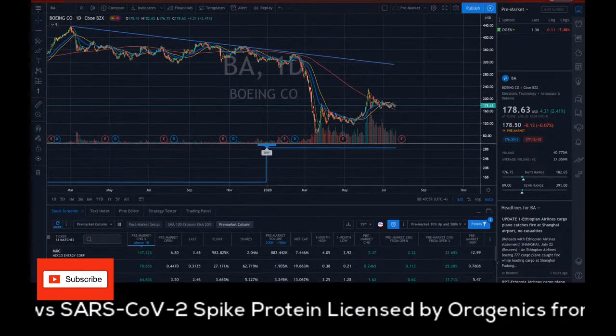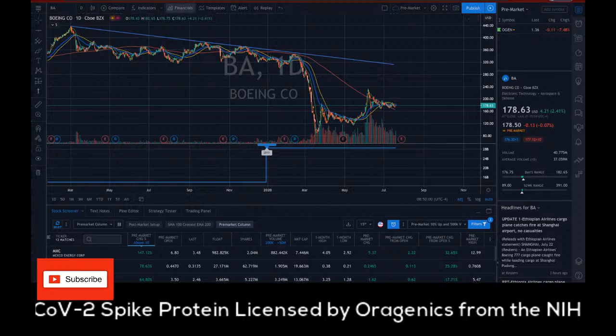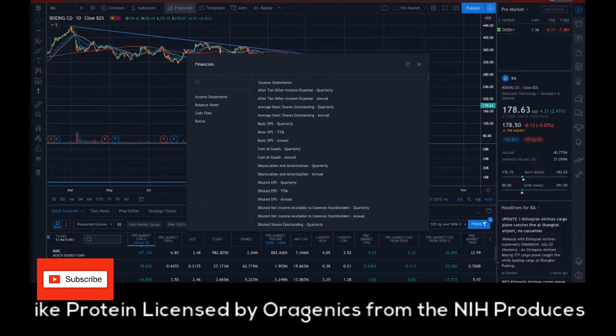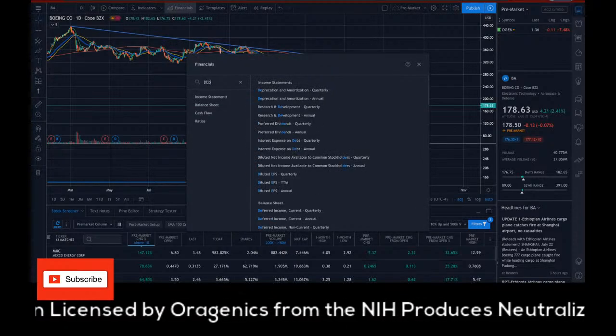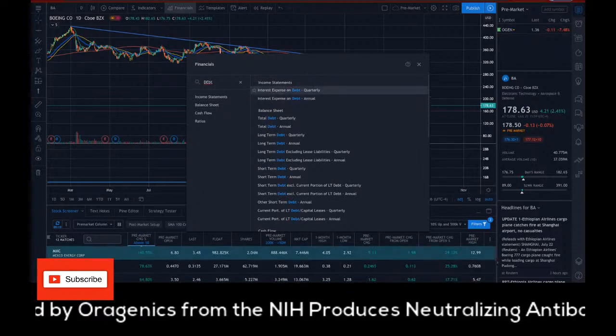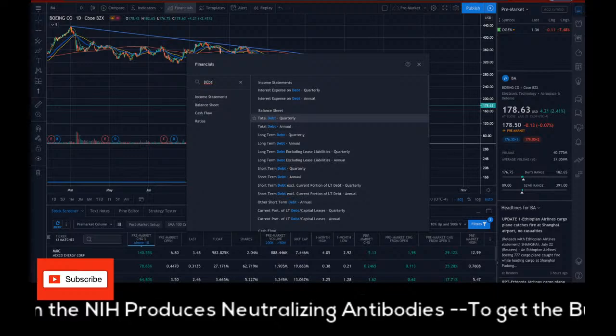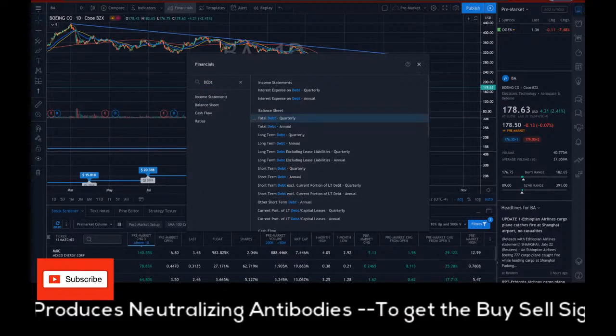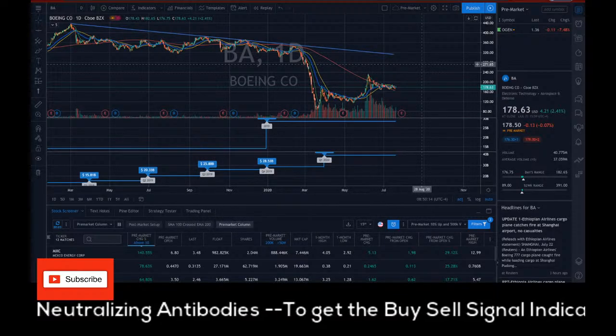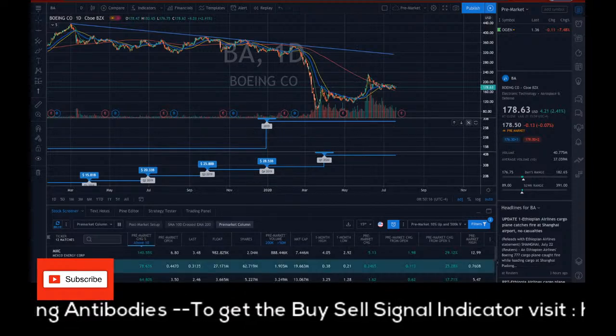If you check quarterly debt, it should give more accurate data. Annually interest expense on debt, no, total quarterly. Yeah, this is much better. I'm going to remove the annual one.